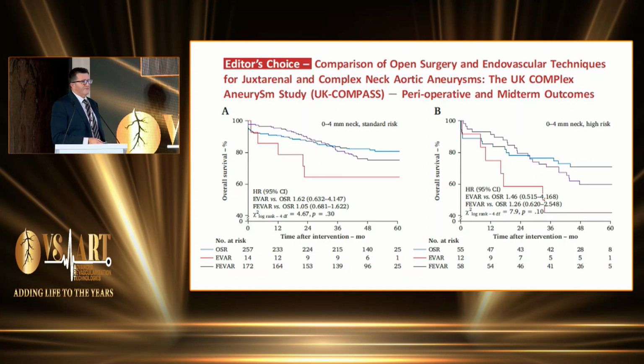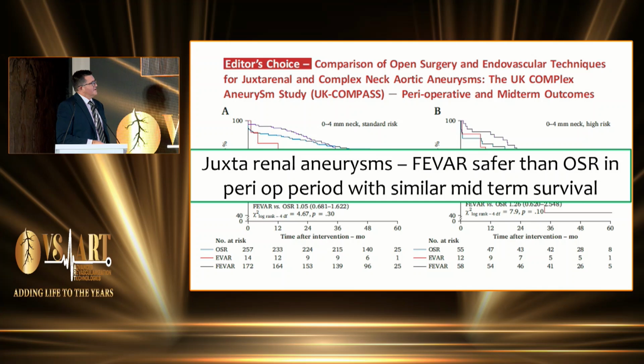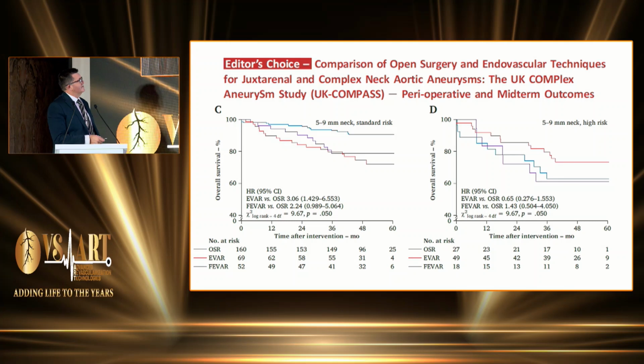And that's something that we haven't really thought of in the past as being a thing, I suppose. And you look at EVAR, when you do EVAR, which is off IFU, it has terrible results. And the same on the high-risk patients, FEVAR was better than open surgical repair out to 36 months. So juxtarenal aneurysms, FEVAR may be safer than open surgical repair, and I think that was a real take-home point.